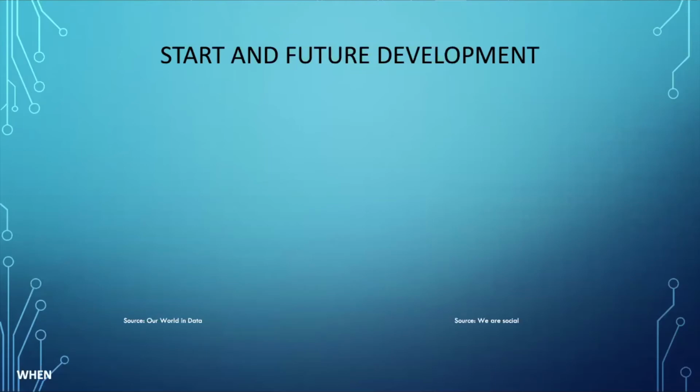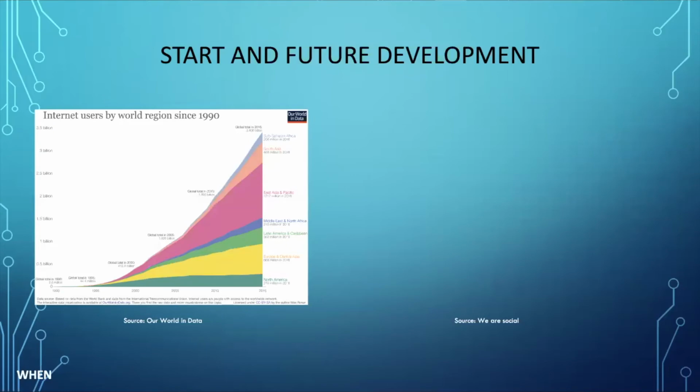Then moving backward a little bit, you may wonder when the usage of the internet increased remarkably, and when data analysis became so popular. Let's look at the first graph. Check this. The number of internet users has been growing exponentially and keeps growing since 2007.